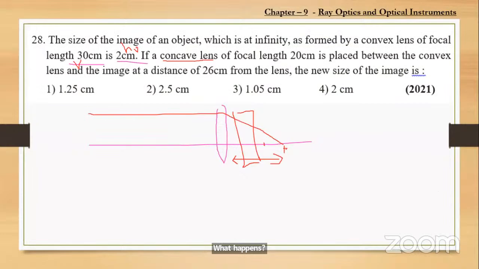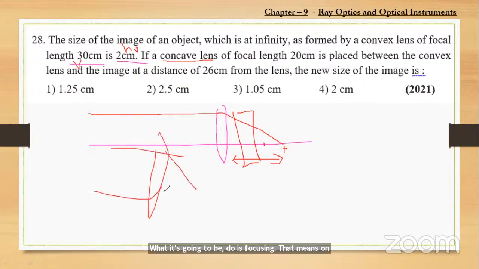Can you guess this one? Someone is saying option third. Is the image decreased or increased? You need to remember: when you keep the convex lens, it converges the parallel beam of light.